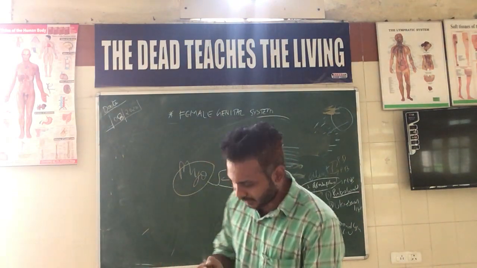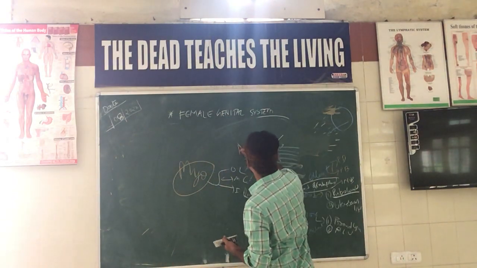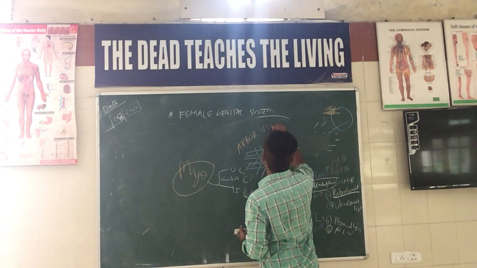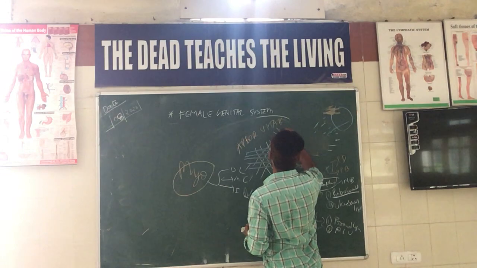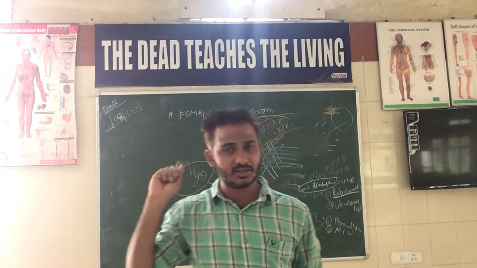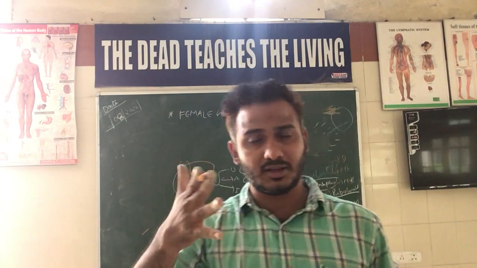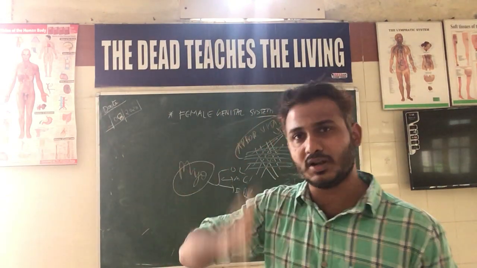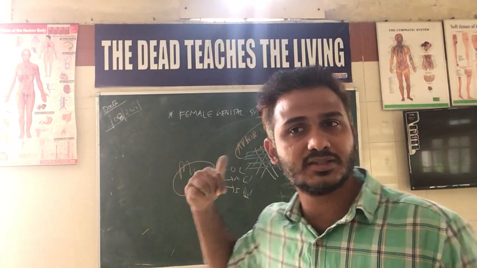This arrangement inside the uterus is called arbor vitae uteri. You have also heard the term arbor vitae inside the cerebellum. That is nothing but the ramification, the external appearance of the cerebellum on longitudinal section. That is arbor vitae cerebelli.